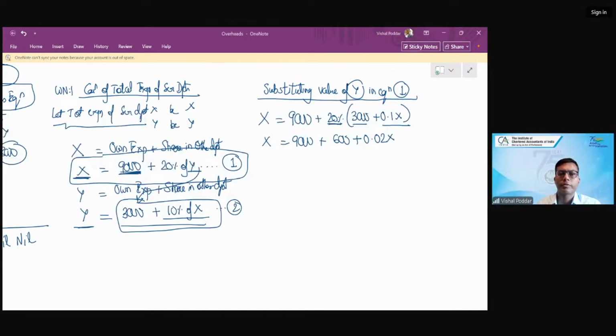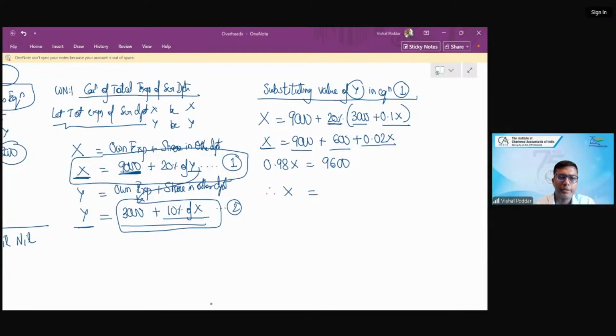Correct? Now, this 0.02X will come on the left hand side. Now, this X means 1. 1 minus 0.02 is 0.98X, which is equal to 9,600. Therefore, X is equal to 9,600 divided by 0.98.